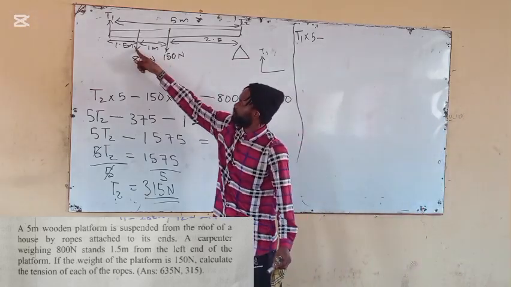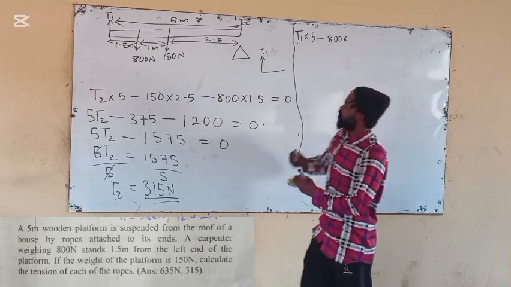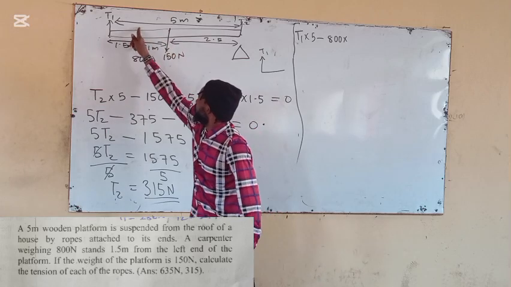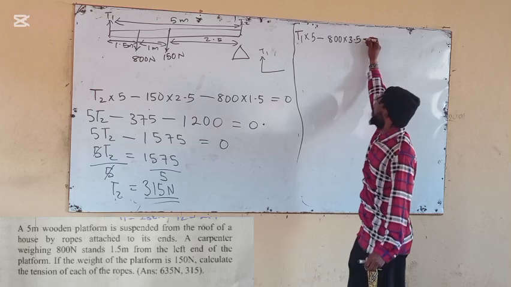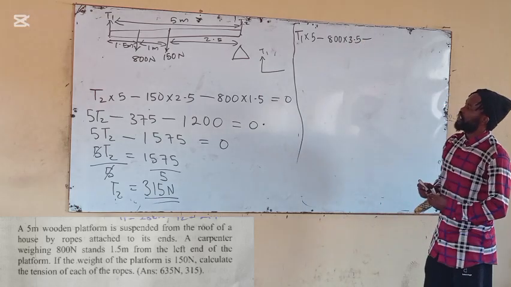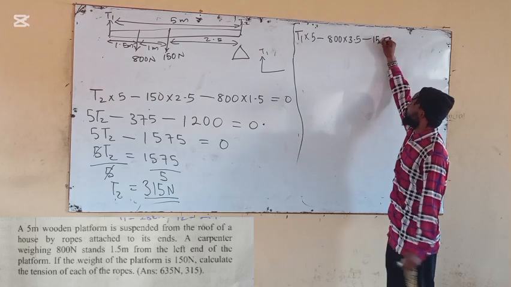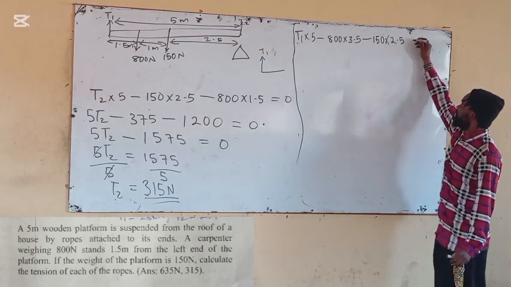What's the next force there? 800. Now, what is the distance from 800 to this T2? 3.5. Yes. Minus. The next force is 150. Now, what's the distance from 150 to T2? 2.5. Yes. Is there any other force?